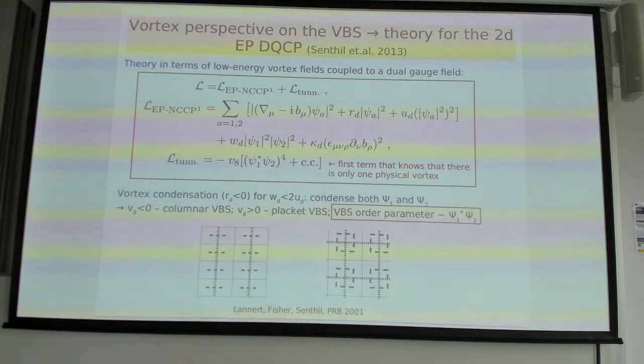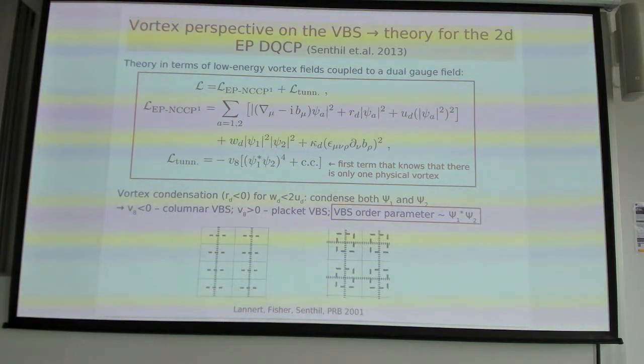Now we have 2 species of vortices, psi1 and psi2, and there is still a gauge field encoding the coarse-grained fluctuation in the density of vortices, and so this first part has 2 complex fields coupled to a non-compact U(1) gauge field. So that coarse-grained density of vortices is encoded as flux of a non-compact U(1) gauge field.